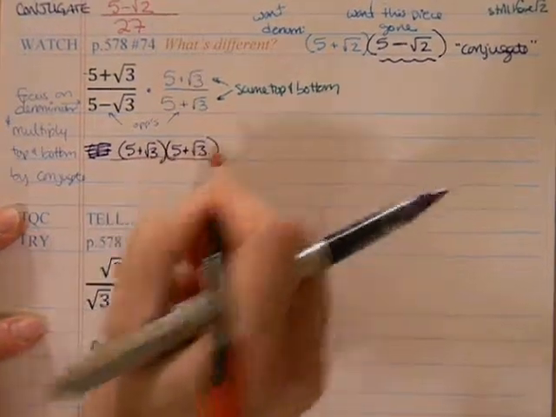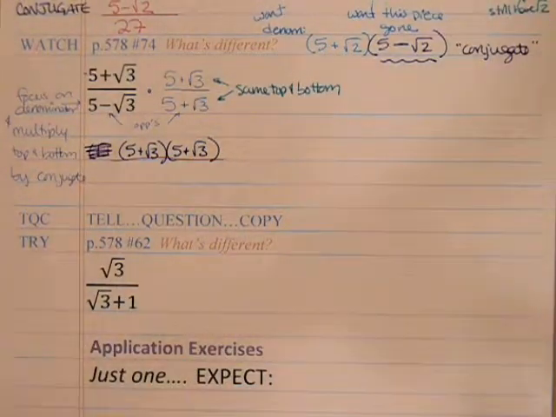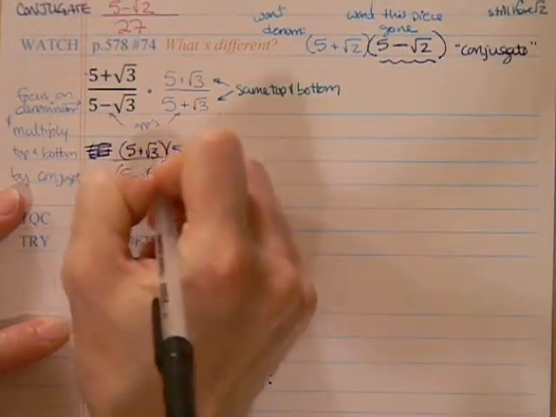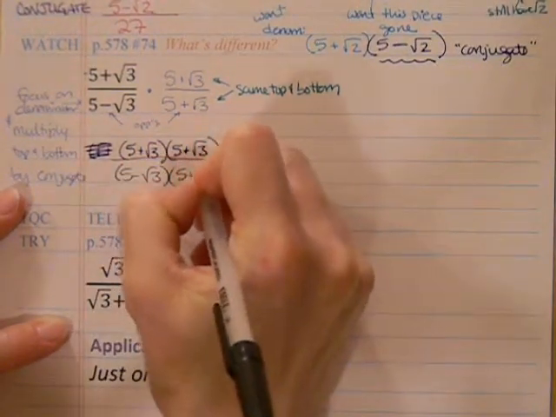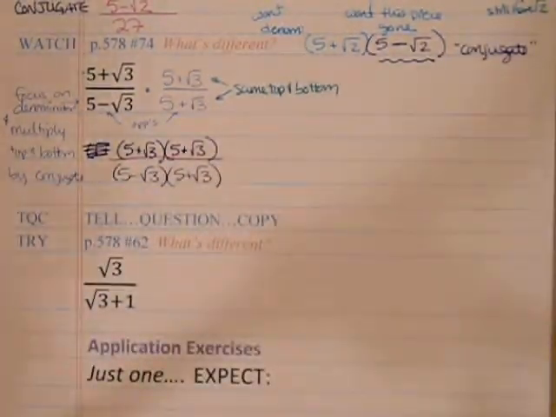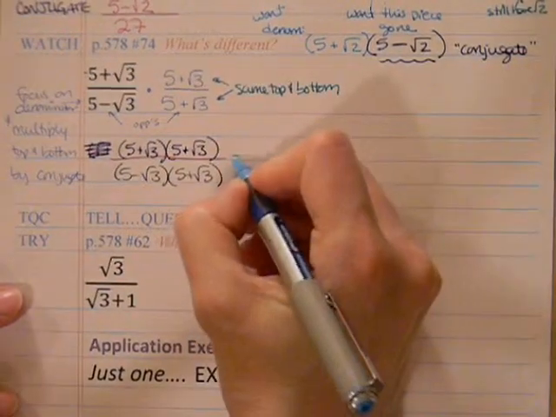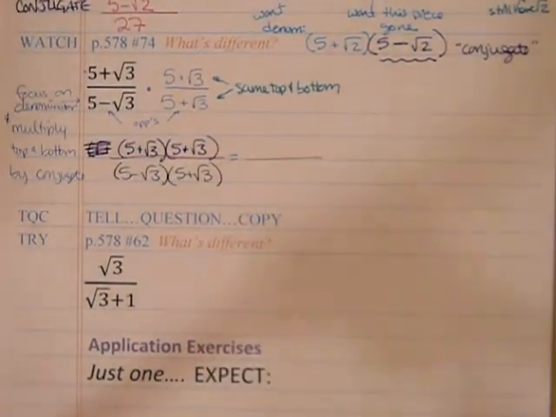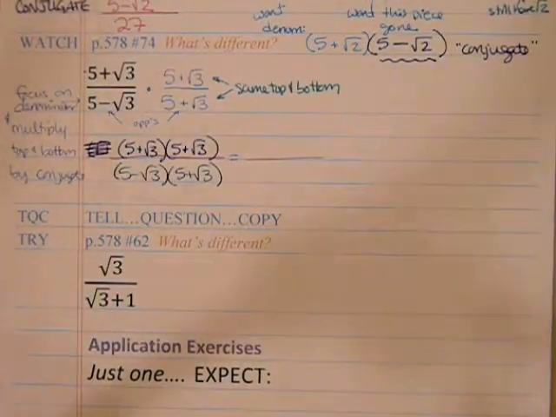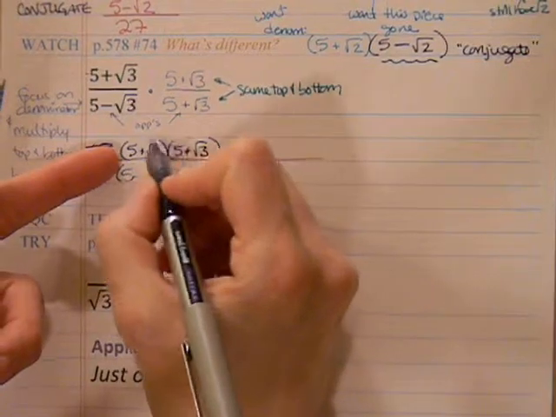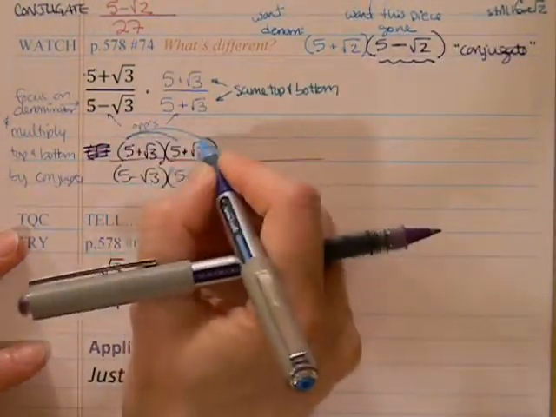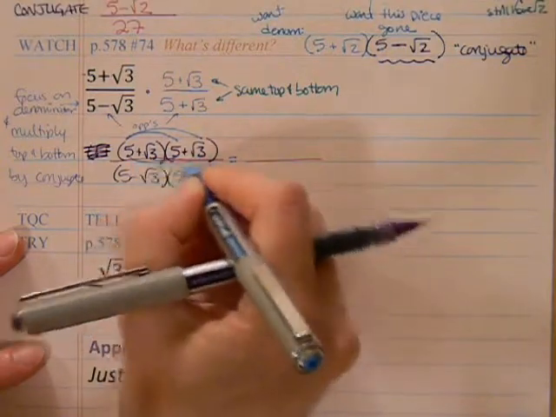So the bottom is going to be looking like 5 minus radical 3 times 5 plus radical 3. Okay? And now we get to FOIL each of those. So on the top, as we go first times first, outside times outside, inside times inside, last times last.